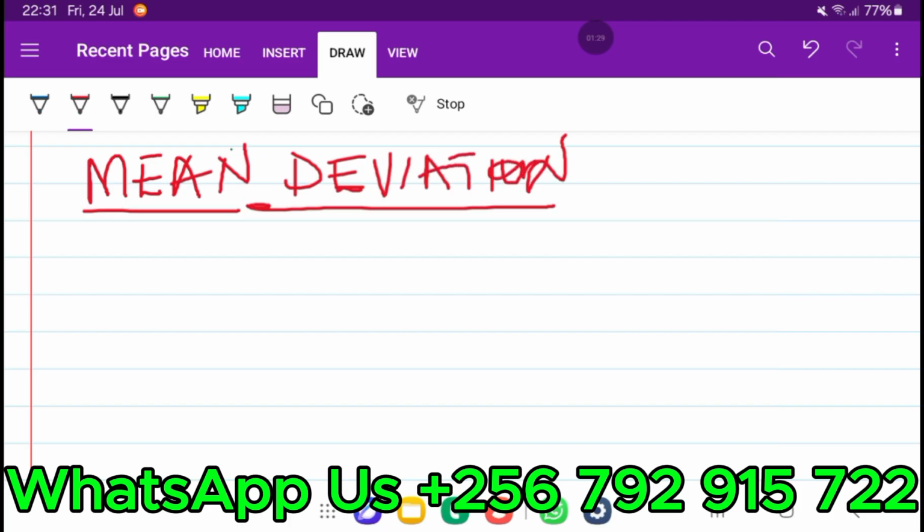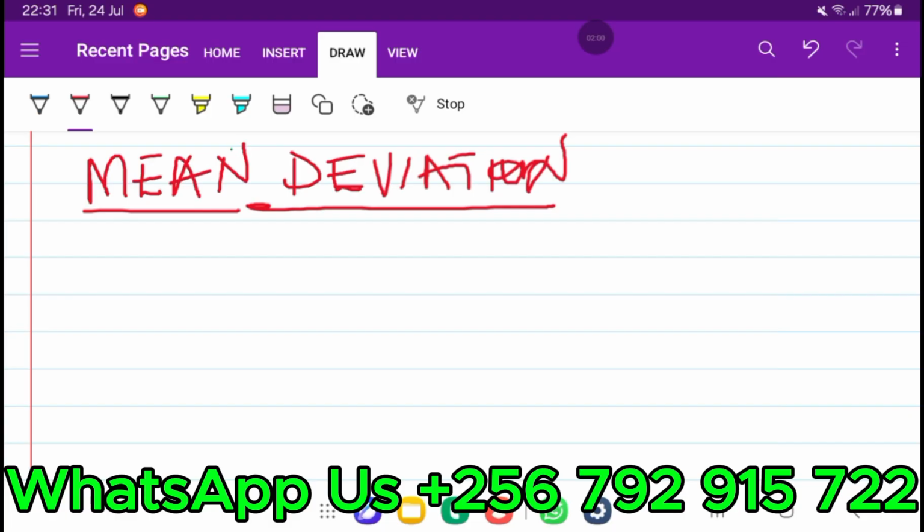Of course, as I said, mean deviation is one of the measures of dispersion that gives us the average absolute difference between each value or each item and the mean.